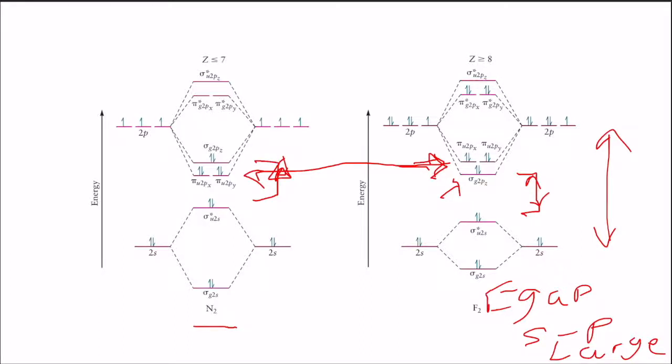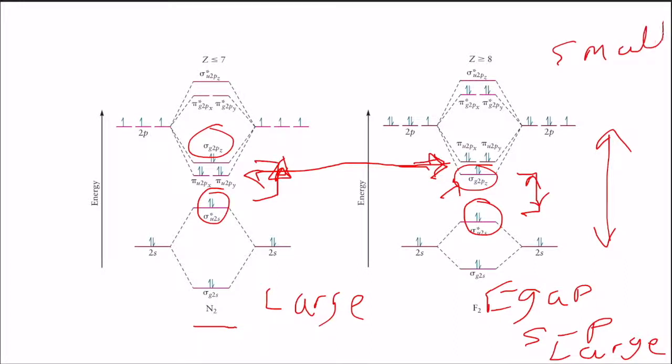So the only one that gets affected is the sigma g 2pz, and who is affecting it? It's interacting with the sigma star u 2s. The interaction is large here and small for all elements that are Z greater than or equal to 8. Okay?